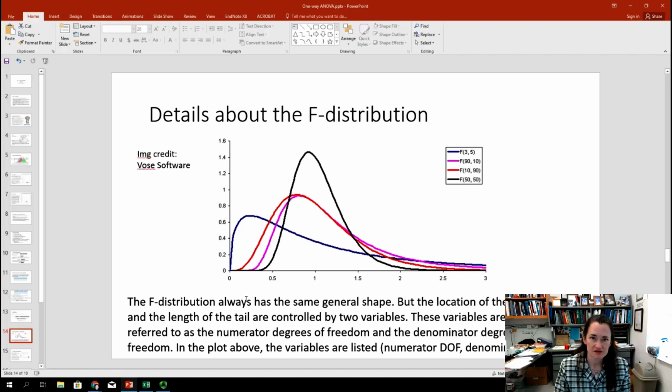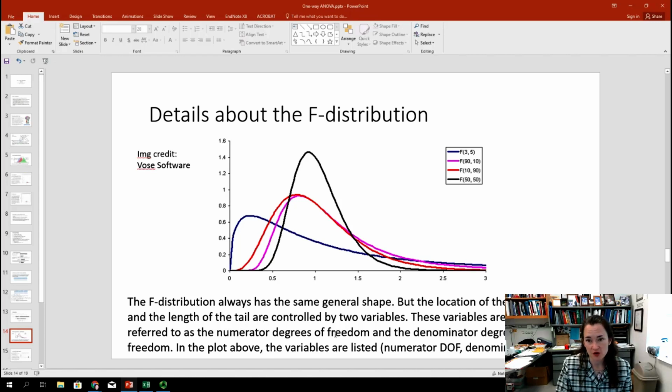Now, the thing about the F distribution is where the peak of the distribution is and how long the tail is depend upon your situation. The location of the maximum and the length of the tail are actually controlled by 2 variables. These variables are generally referred to as the numerator degrees of freedom and the denominator degrees of freedom.